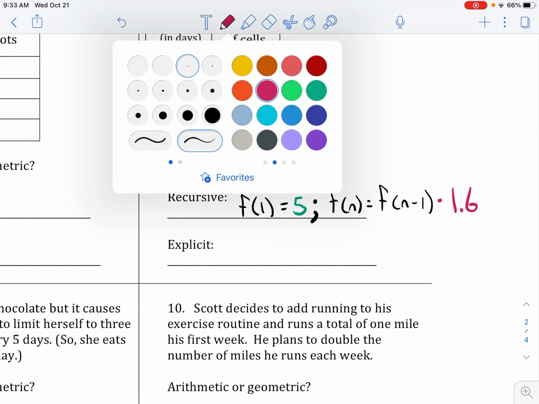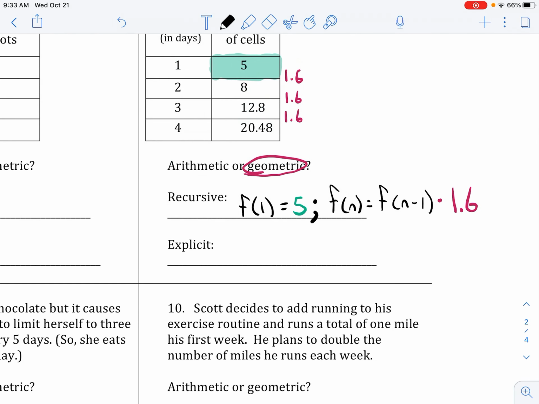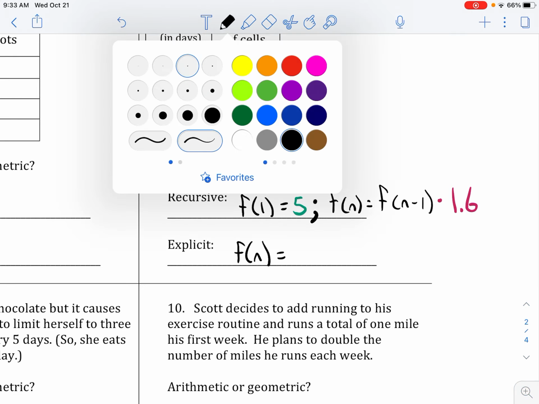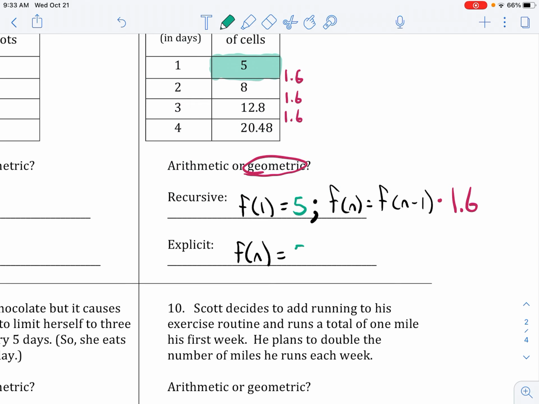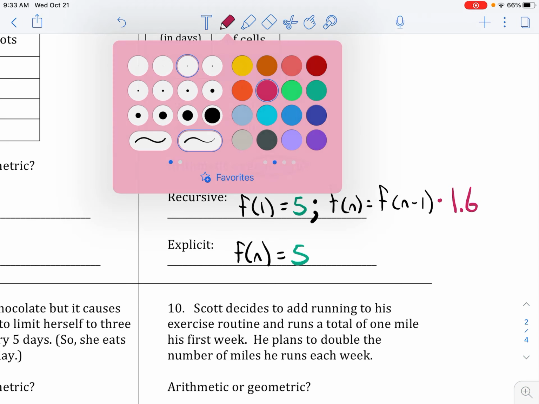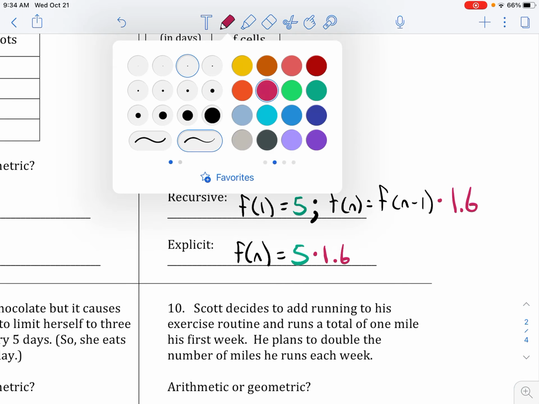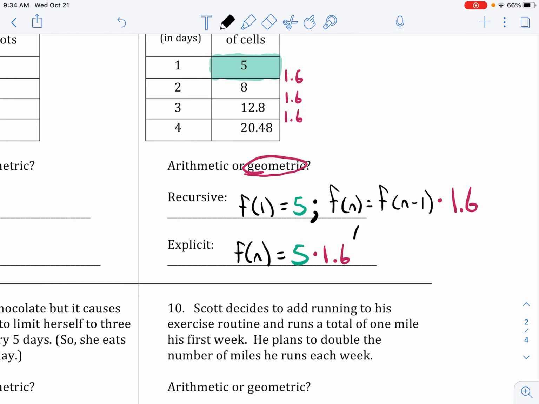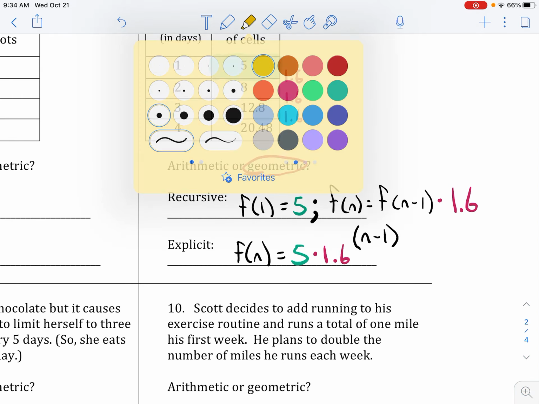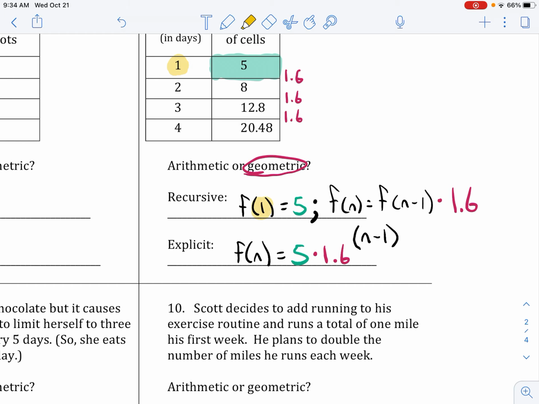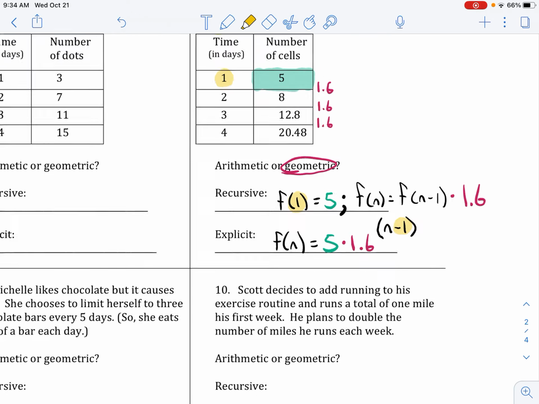Now in the explicit equation, I am left with f of n equals my start value of 5 times my action 1.6, and then n number of times, because we started with term 1, we need to minus 1 to get our explicit equation.